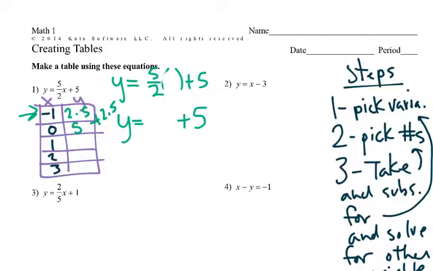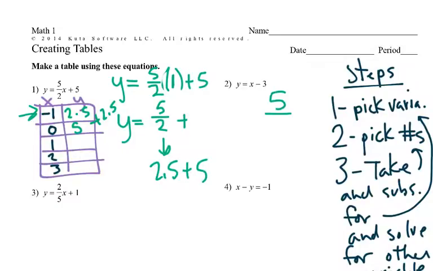Now we do 1. So 5/2 times 1 is 5/2 plus 5. We could figure out that that's 2.5 and do it that way. The other way would be to say, if 5 is a fraction, it's 5/1. To get the same denominator, I would need the 1 to be 2, so I'd have to double the 5 as well, to get 10/2.